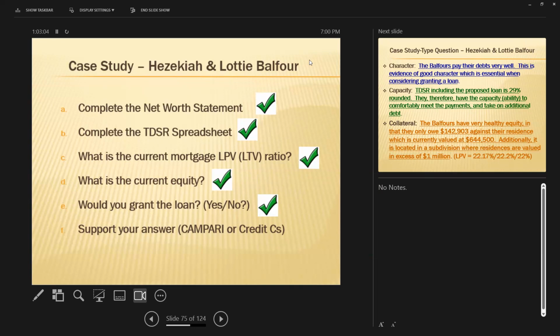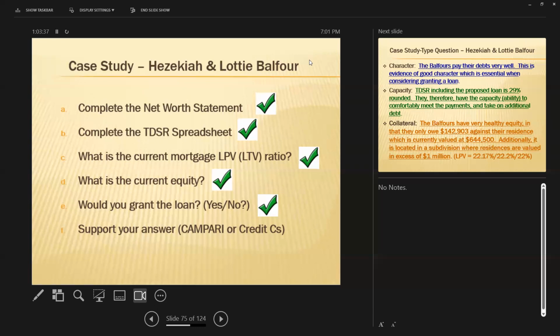What about insurance or collateral? What could we say about the insurance or collateral? You have some good equity. Okay, they have good equity. Let's be scientific, because that's subjective. You want to combine some science in there, like we talked about the 29% for the capacity or ability.